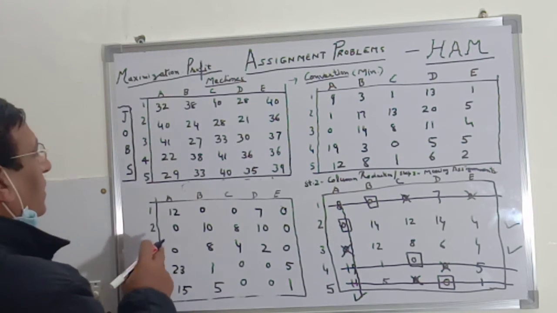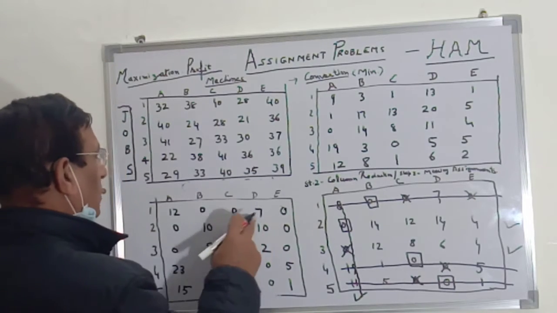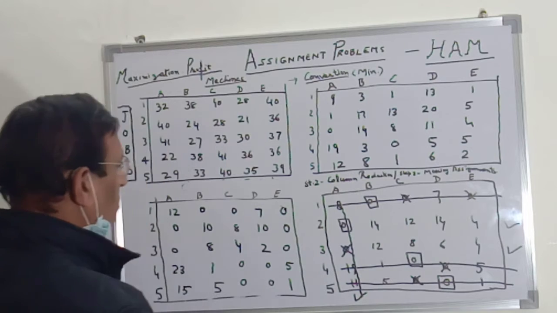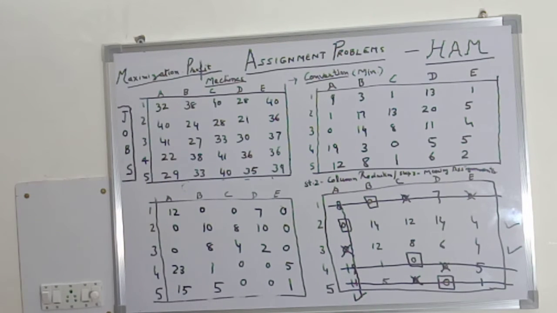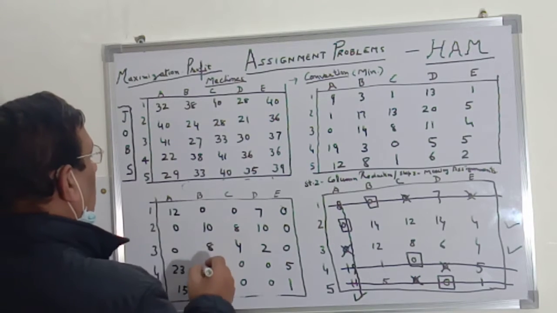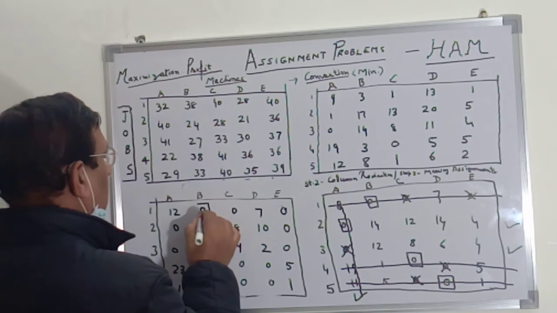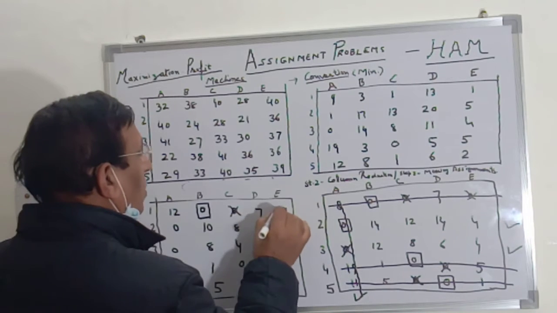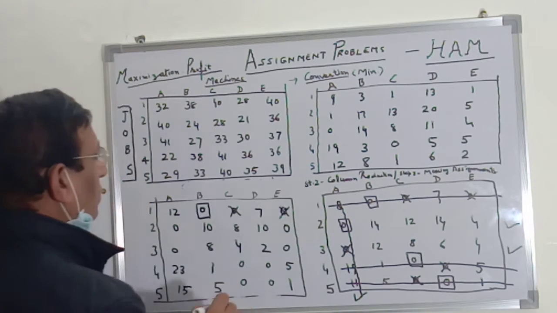So find the row in which there is a single 0. 3 0, 2 0, 2 0, 2 0, 2 0. So row wise there is not even a single row having a single 0. Then we have to go for columns. First column 2 0, second column 1 0 is there. Mark this 0 as assignment and cross the 0 in the row.